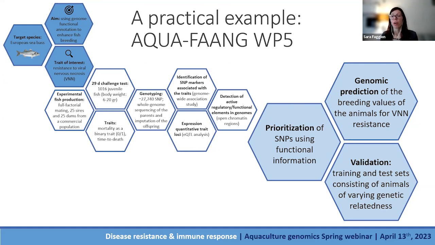And this is connected to what I was saying before. So we would like to see how well the prediction equation performs when animals of the reference population are related to the target animals.